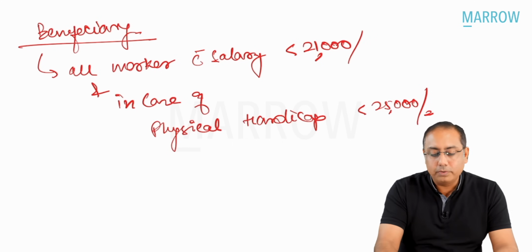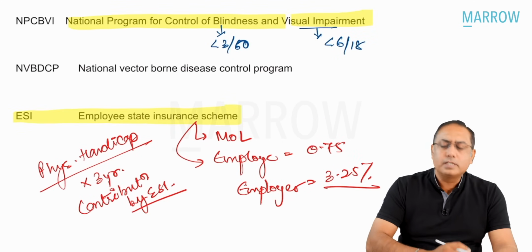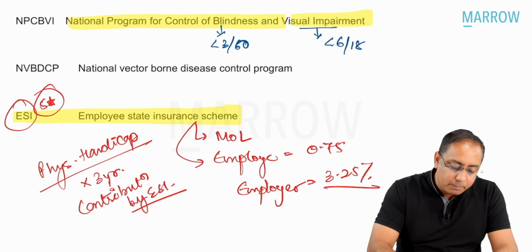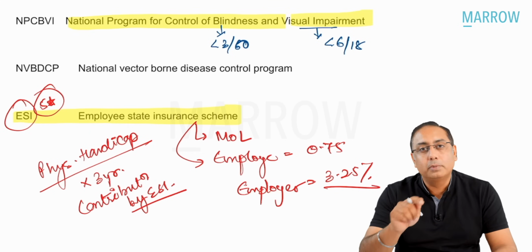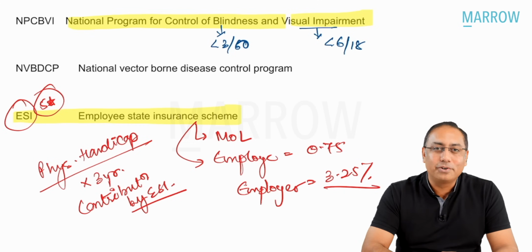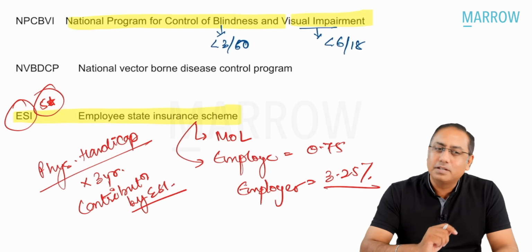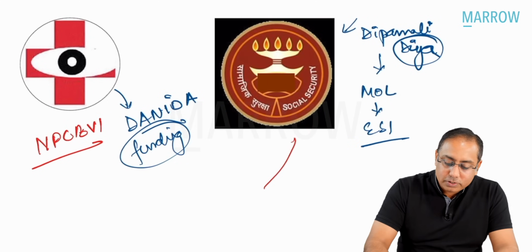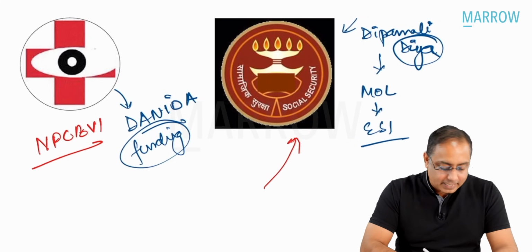Make sure that you remember these numbers, and it is a very frequently asked program, ESI. Study ESI from the main videos or the revision videos, as it has been asked multiple times in your exam. Remember this logo. This logo stands for ESI.